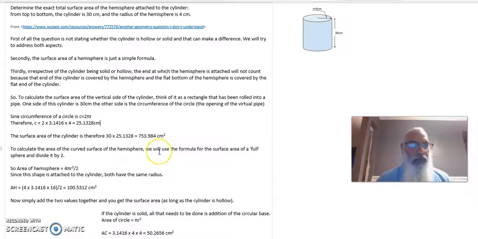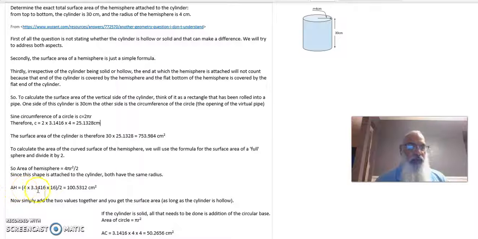Okay, then the next part is to calculate the area of the curved surface of the hemisphere, which is essentially, like I've said before, half of the full sphere. And the area of the sphere is 4 pi r squared. Once we divide by 2, we should get the area of the hemisphere.